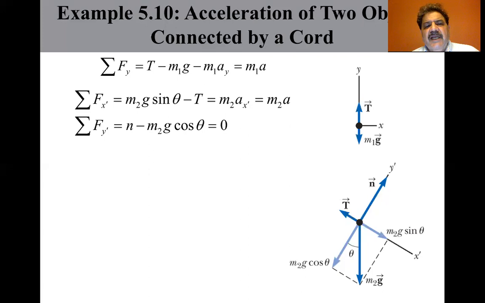So it's m2g sine theta minus T equals m2 ax prime, and Fy prime equals n minus m2g cosine theta equals 0, n being the normal, which is opposite to m2g cosine theta.